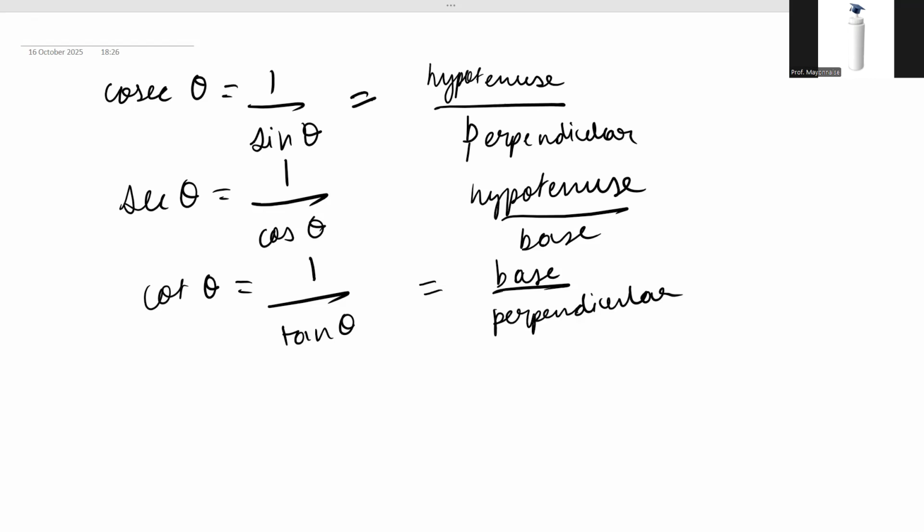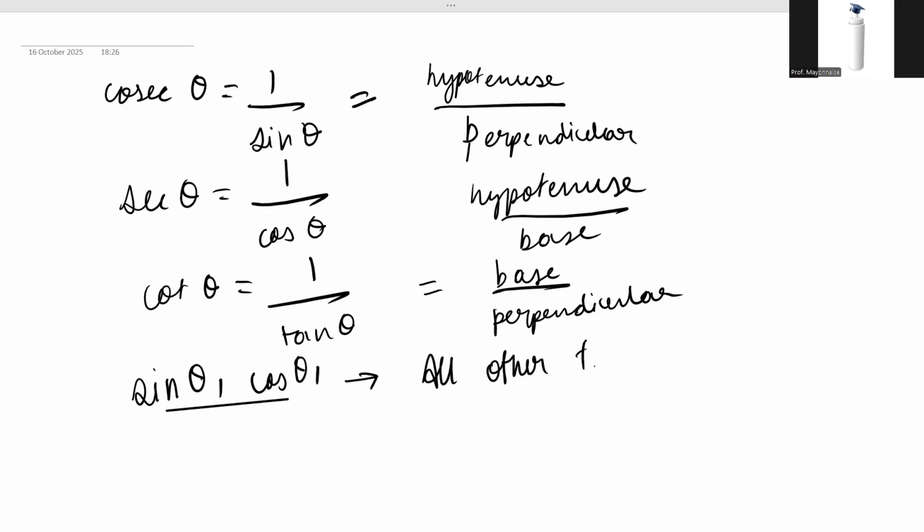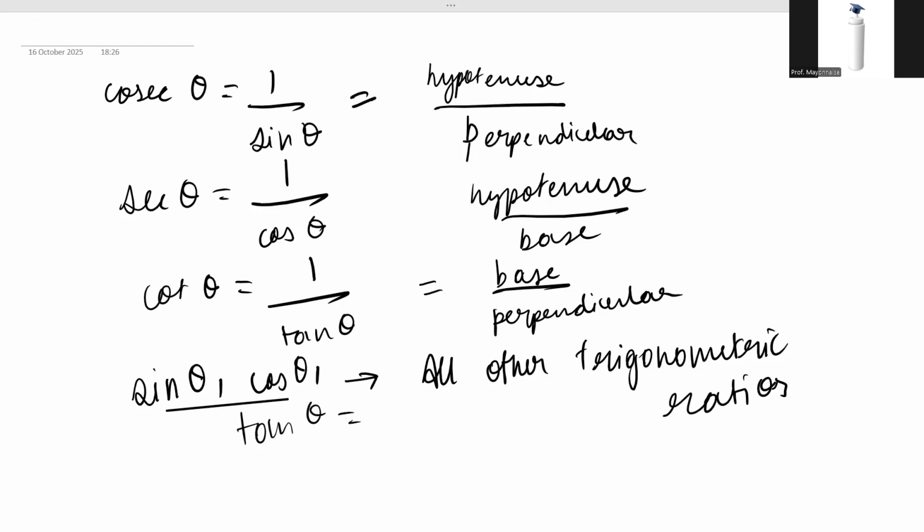As long as you know the values of sine theta and cosine theta, these two only really, you can find out the values of all other trigonometric ratios. How do you do that exactly? Well, tan theta is basically sine theta by cos theta.